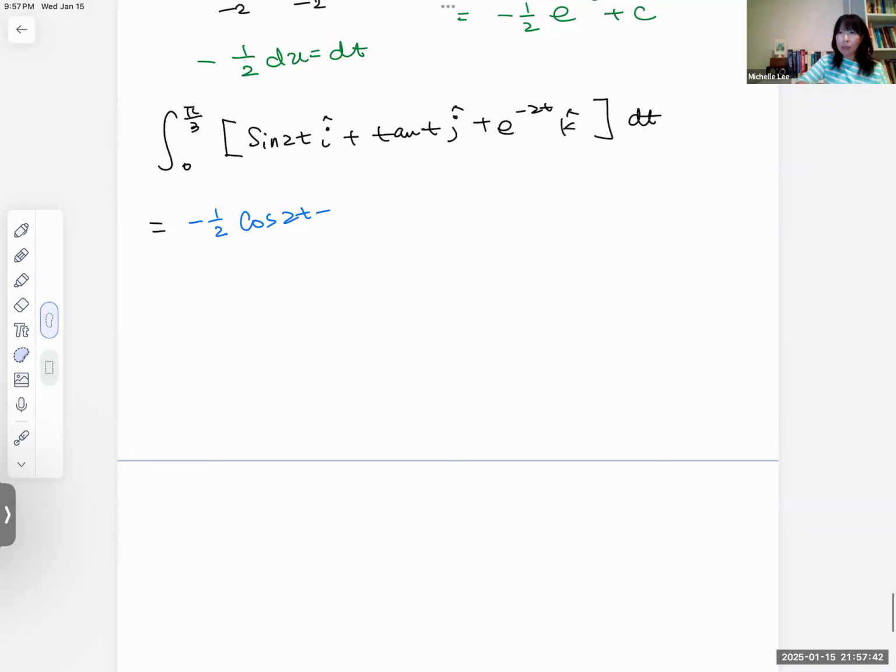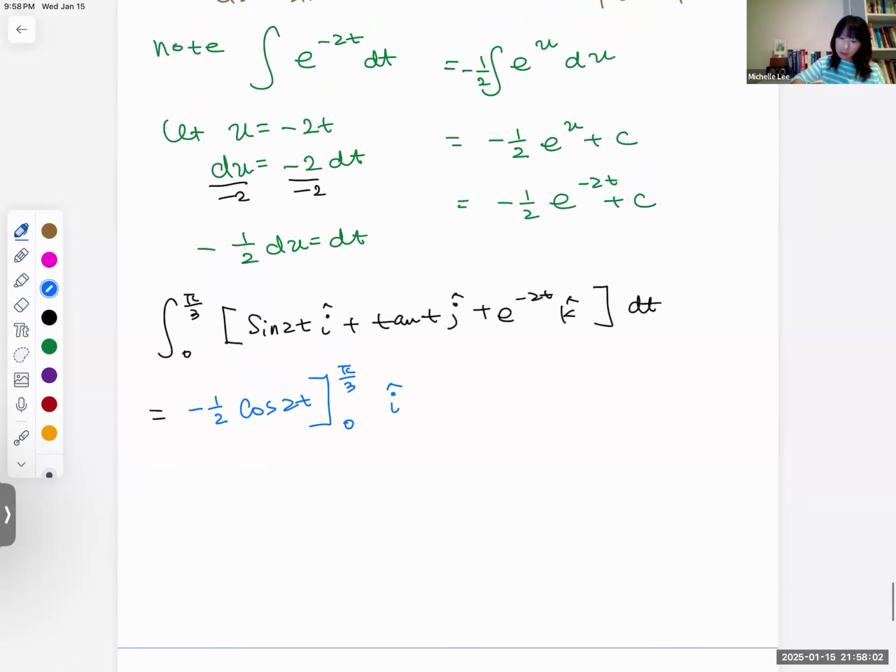And we have to have i hat, from 0 to pi over 3, and then i hat. A little bit weird, the notation.